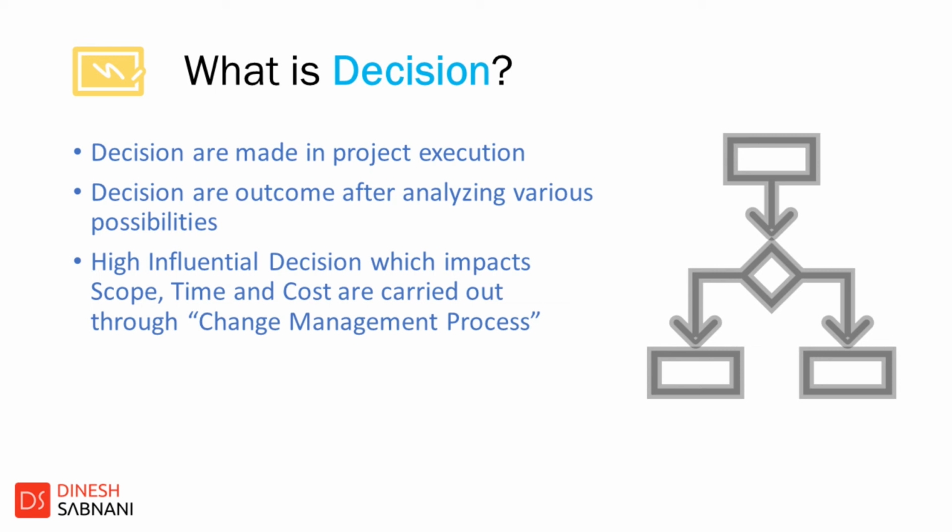Decisions are such as design decisions, third-party vendor finalizations, additional procurements, etc. It can also be highly influential decisions which impact the project parameters such as changes in scope, schedule, and cost. With respect to recording changes, there is another way to document it, which is known as change management process, which we will learn in the upcoming episodes.